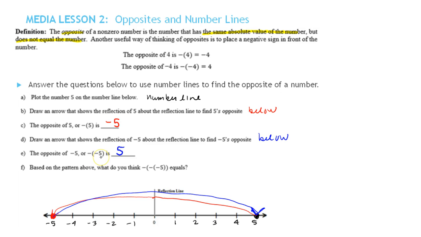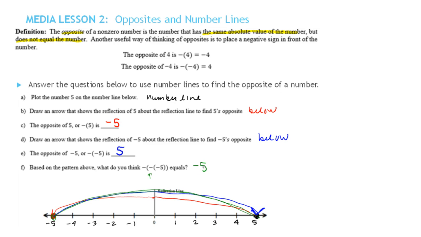Maybe you see what it is, but let's just start here. We're going to start with the innermost parentheses. We start at negative 5. We find the opposite. We're at positive 5, so we found this opposite. Now we take the opposite again, and we get back to negative 5.